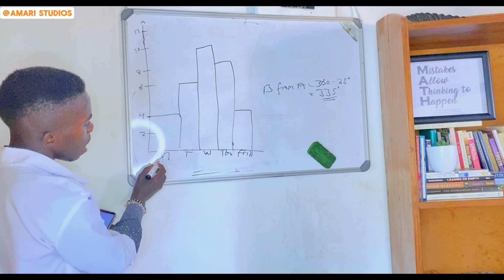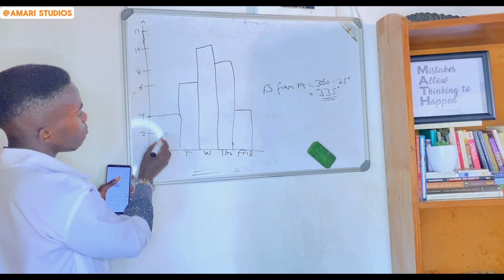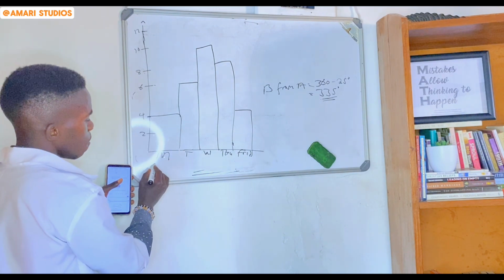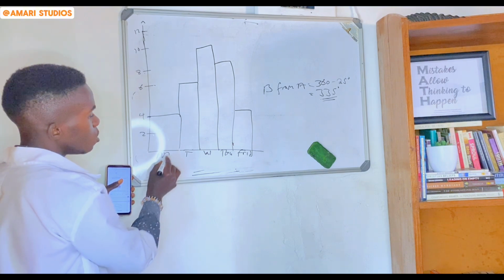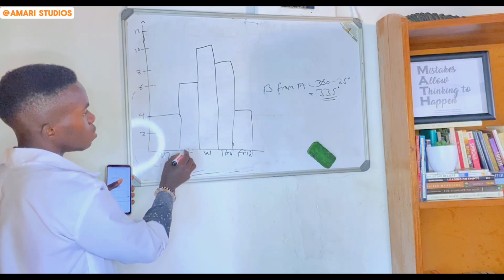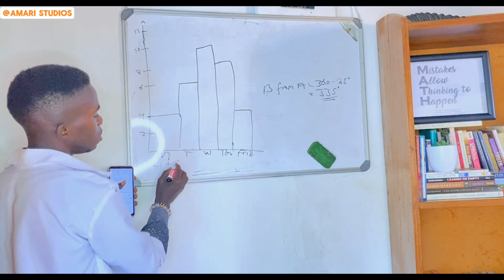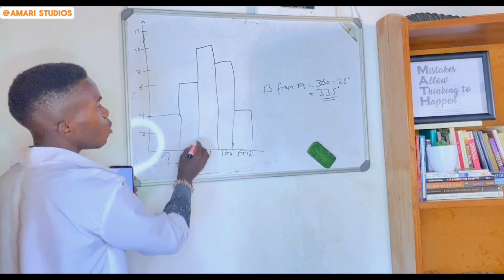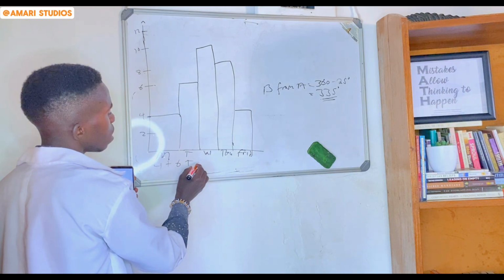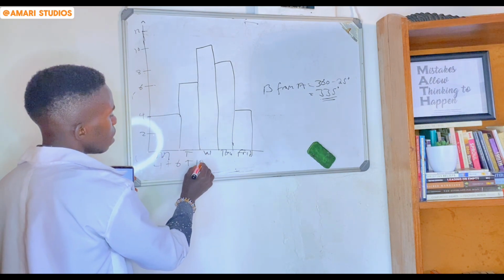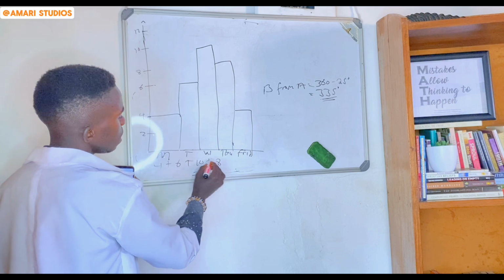On Monday, the total amount of rainfall that was received was 4 millimeters. Then you're going to add it with the total amount that was received on Tuesday. On Tuesday, it was 6. Then on Wednesday, it was 10. On Thursday, it was 8.